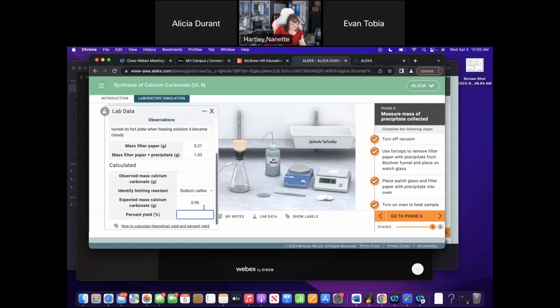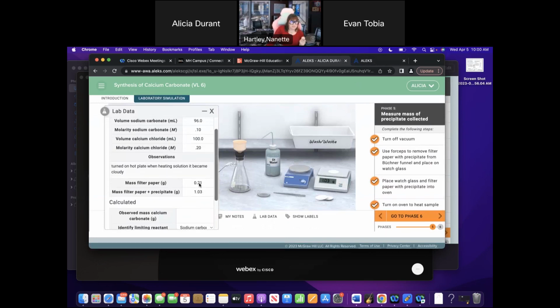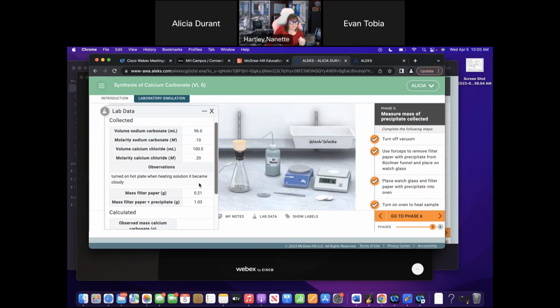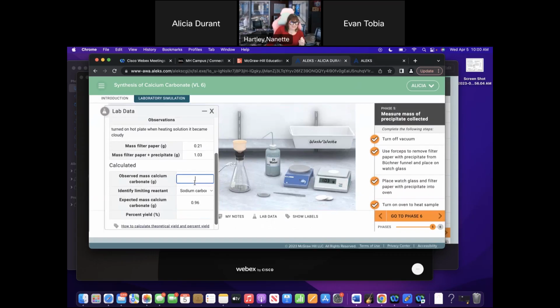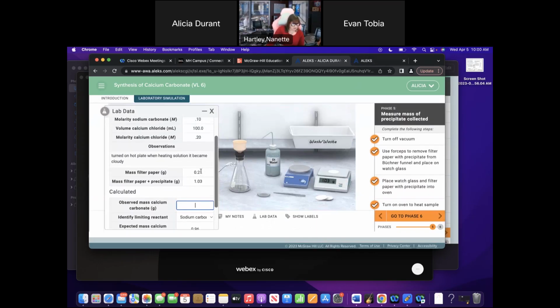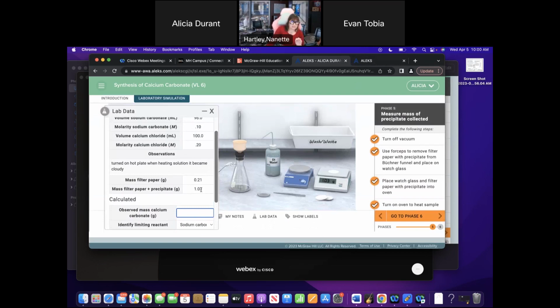Now, what's your observed mass? 0.0096. No, that's your theoretical. That's what you calculate. That's not what we're talking about. Your observed mass is based on the mass that you measure. So your mass of the filter paper plus the precipitate minus the mass of the filter paper is the observed mass.